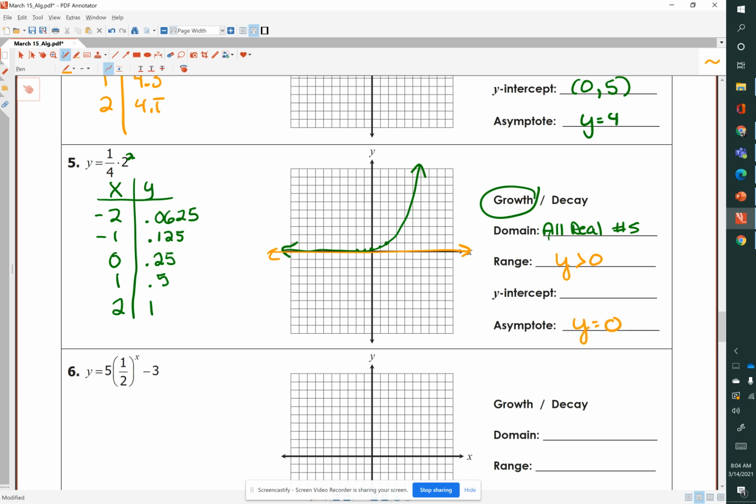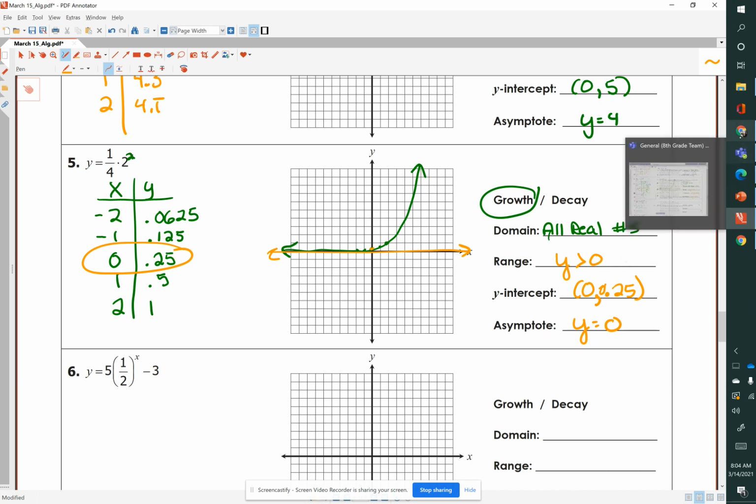And our y-intercept right here, 0.25. Now, let's put a heads up 0 in front of the 0.25. It's hard to see the y-intercept right there. So let's go to Desmos.